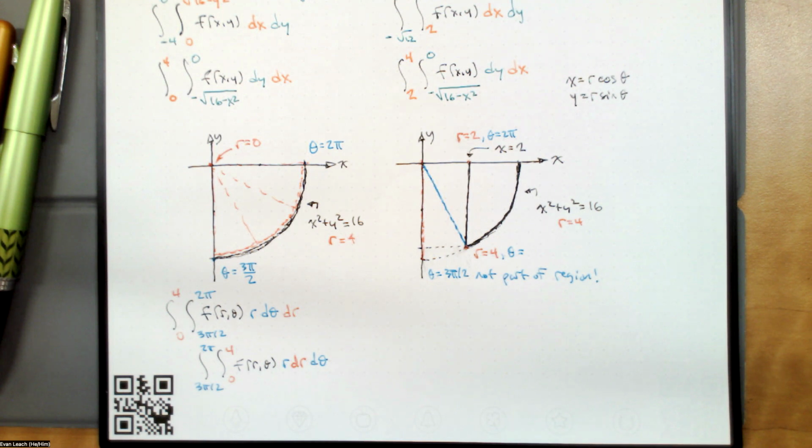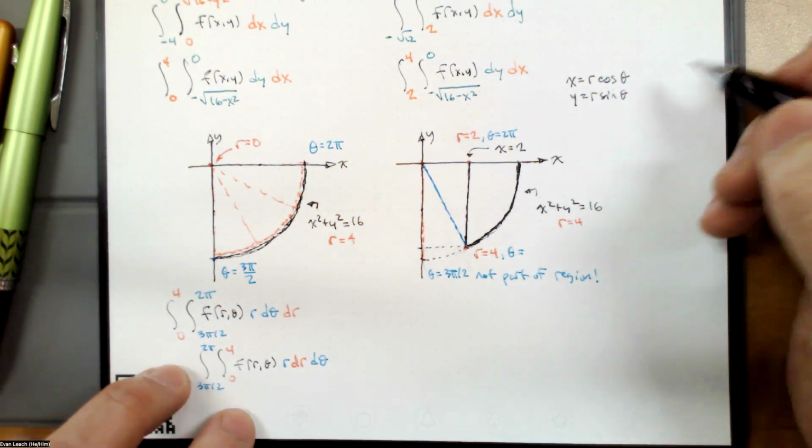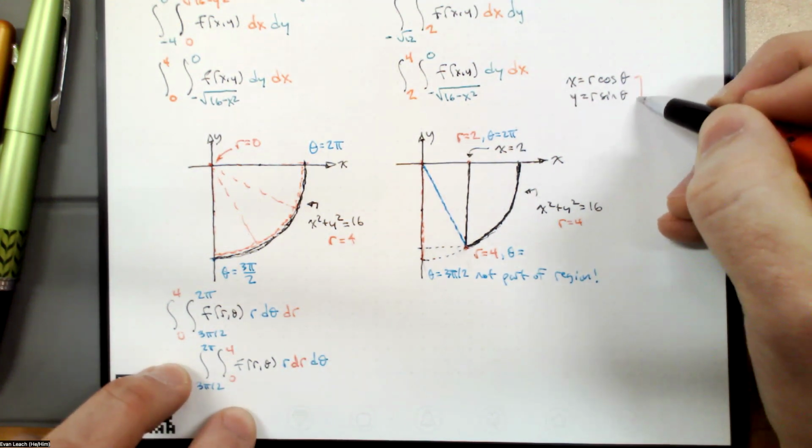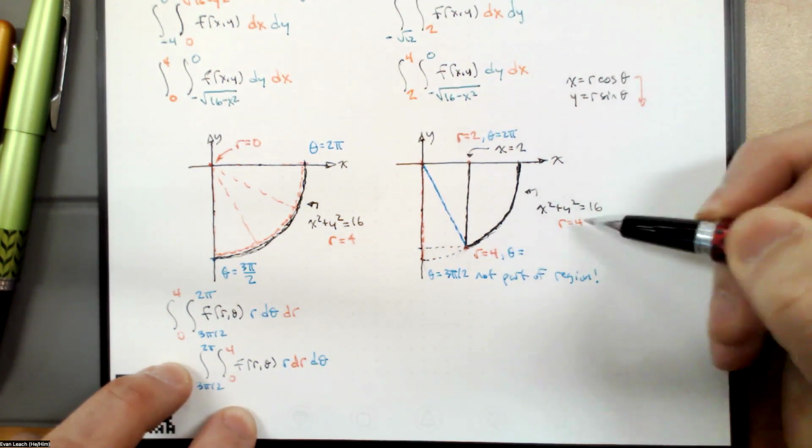We have that x is r cosine theta, y is r sine theta. And I can take that r cosine theta to rewrite the equation of the line, just like we did down here.